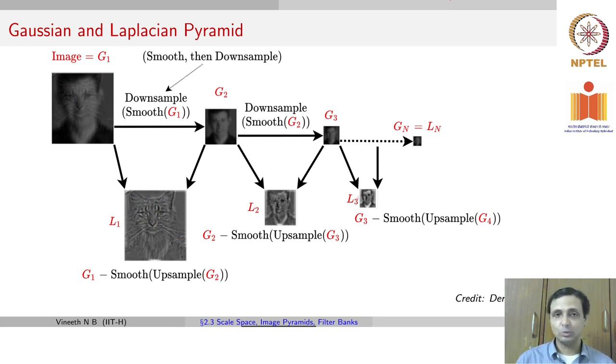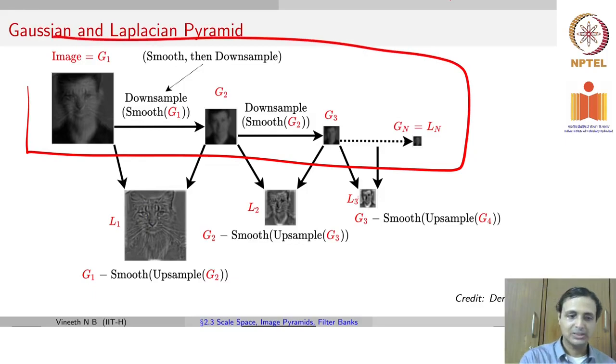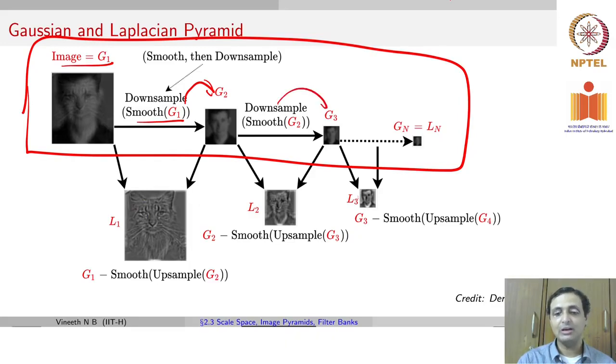So the Gaussian pyramid is what we've seen before, which is what the top part of this diagram shows, which is about taking the original image, let's call it G1, then you smooth the image and then downsample it and then get a G2, then you again smooth G2, downsample it, get a G3, and you keep repeating this process.